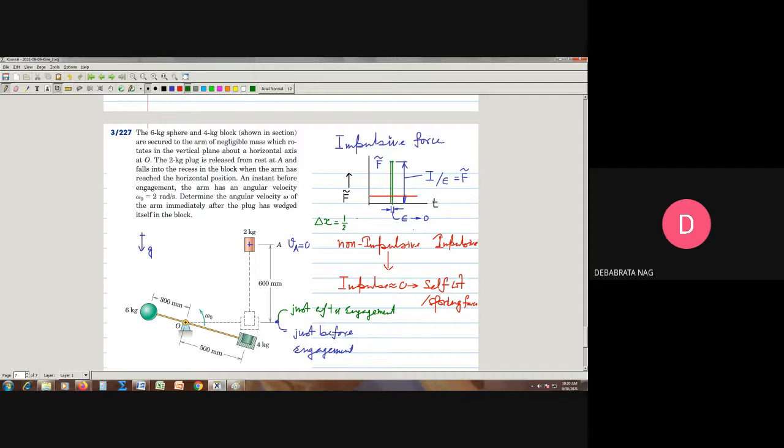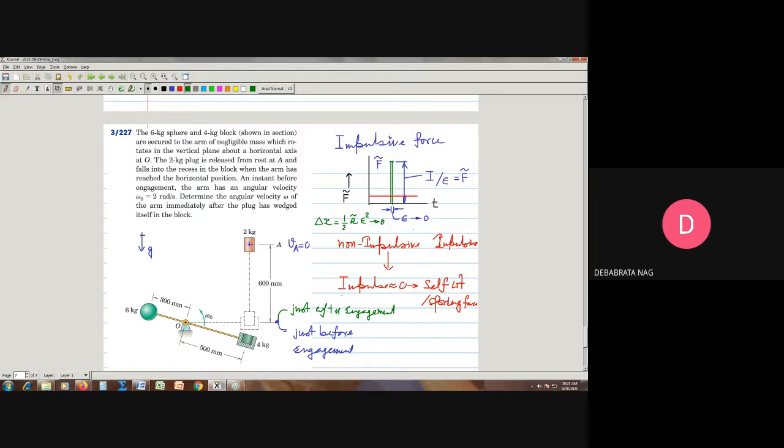We see that delta x is half a t epsilon square, correct? So this is going to be my displacement, like half a t square. Since your epsilon is very, very small, this quantity will also tend towards 0.